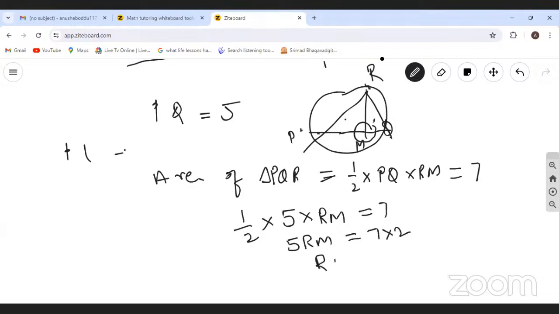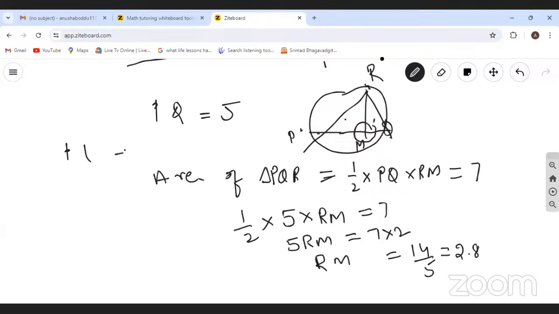Next, RM is equal to what? 7 into 2 is 14, so 14 by 5. 5 twos are 10, 2.8, right? So here the RM value cannot be greater than 2.8.